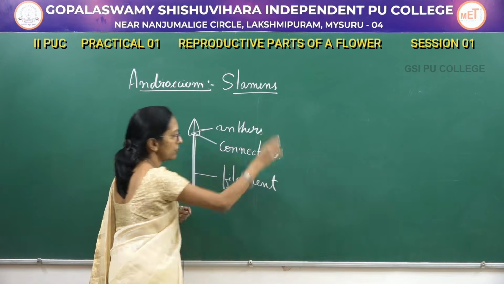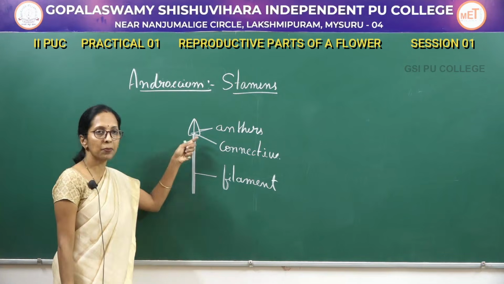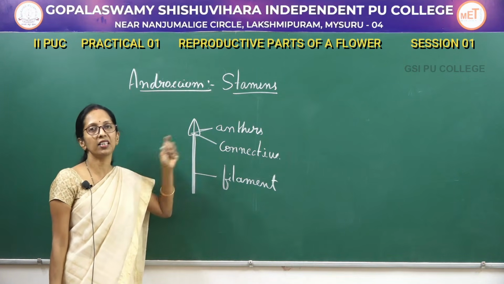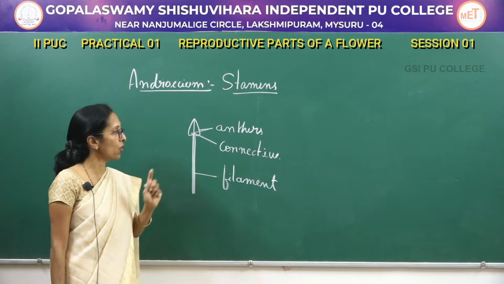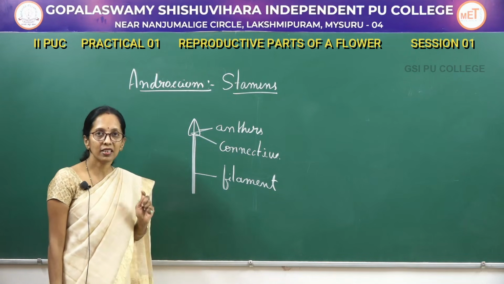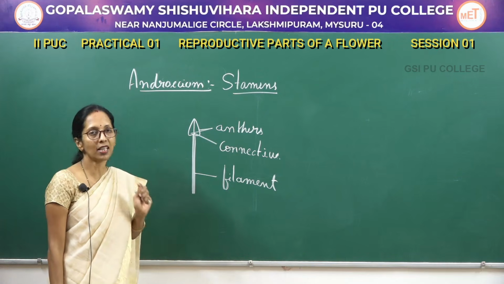This is connective tissue. If there are 2 anther lobes, then it is said to be a dithecous anther. If there is only 1 anther lobe, then it is said to be a monothecous anther.